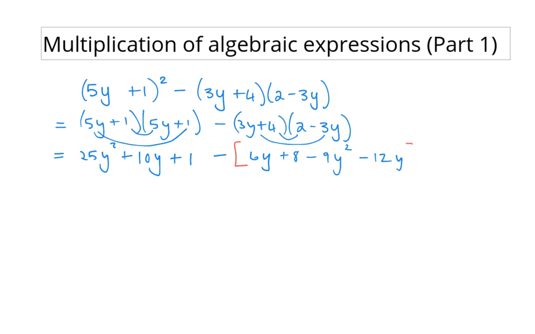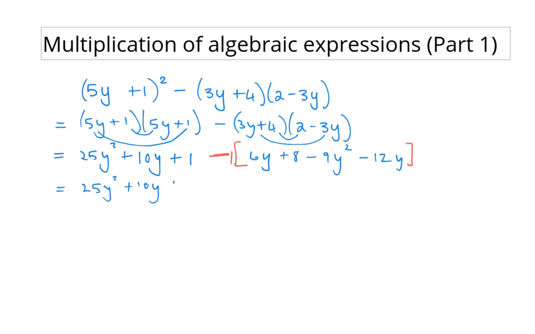So close the bracket there. It's important because there's a minus in front, or even another factor. It's actually minus 1 in front of the bracket, and then you need to multiply minus 1 with all the terms in the bracket. You can first simplify the second bracket and then multiply with the minus 1.